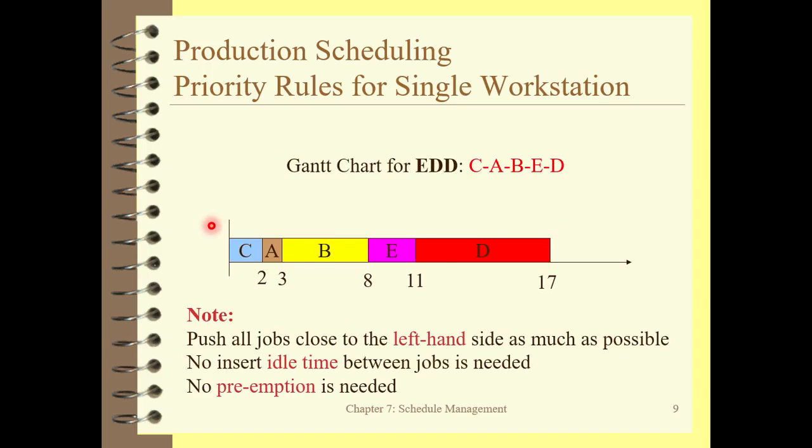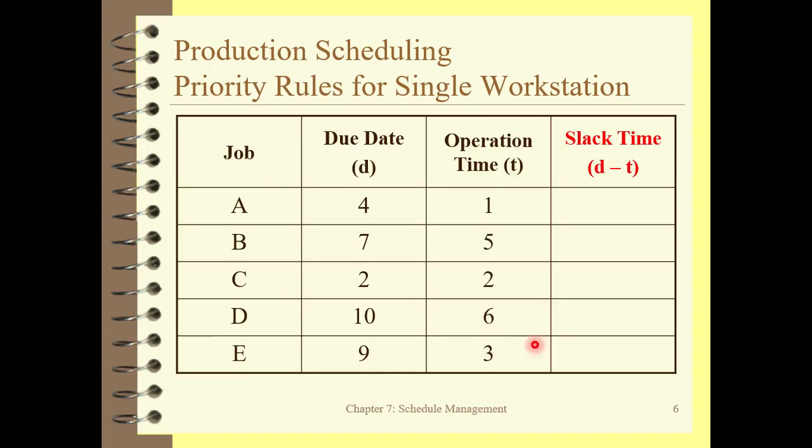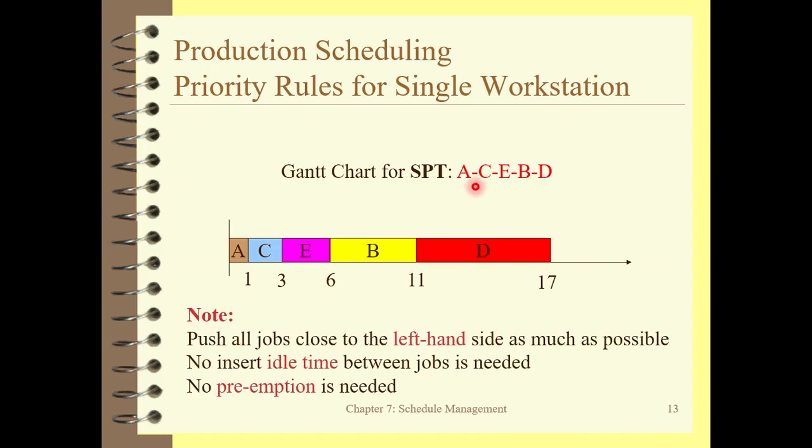And then moving on to the last one, SPT, the shortest processing time. In this case, you sequence the job with minimum processing time first. So you prioritize the job based on operation time or processing time. The sequence would be A, C, E, B, and D, and then you construct this one.